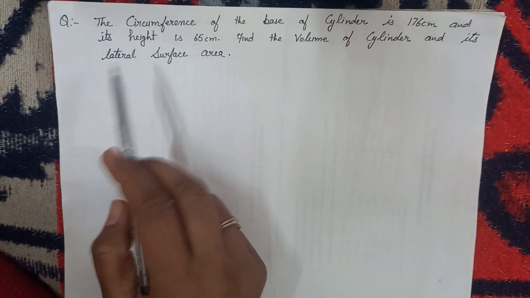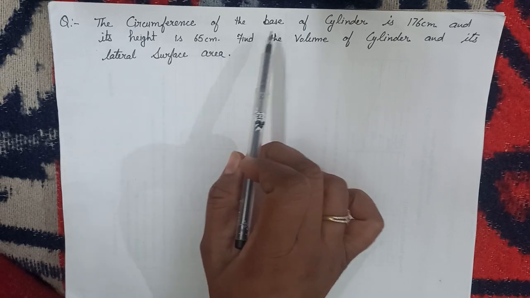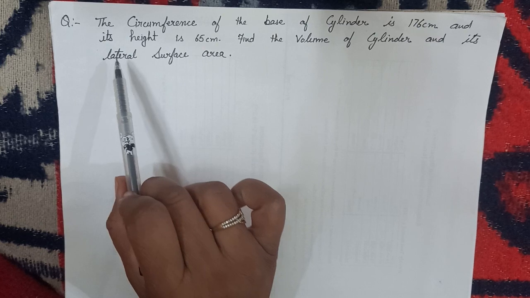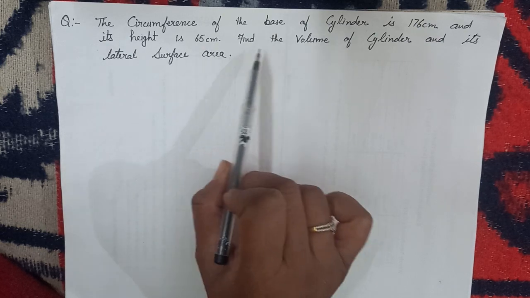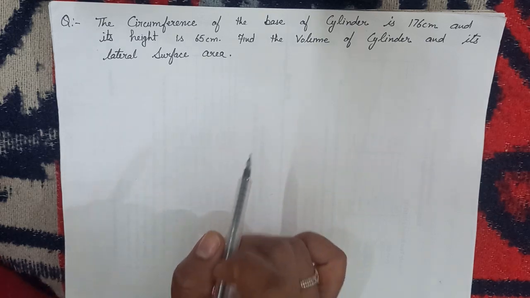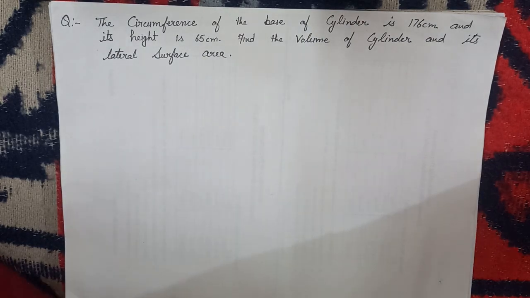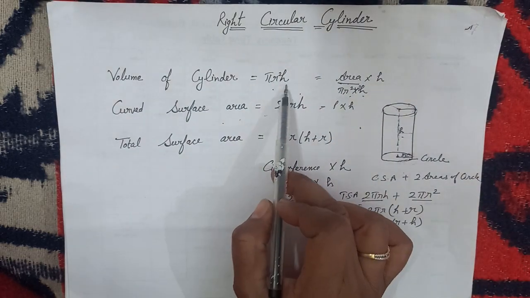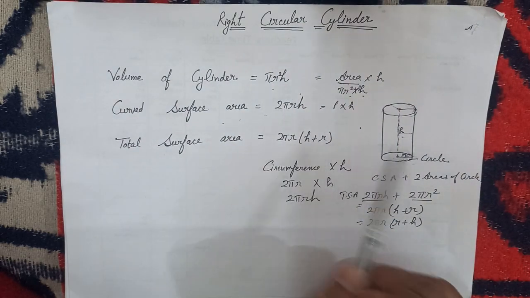So the next question is: the circumference of the base of the cylinder is 176 centimeter and its height is 65 centimeter. Find the volume of the cylinder and its lateral surface area. As you have seen from the formulas, in everything we need radius and height, radius and height, radius and height.